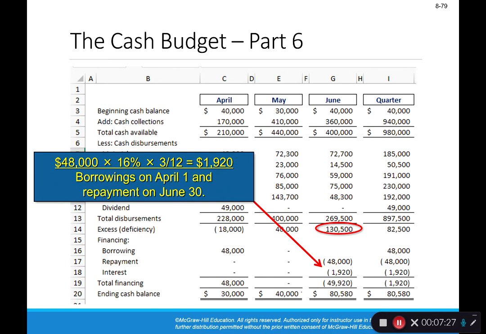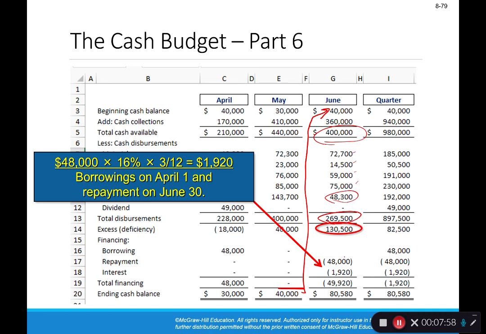Well, the ending May would be the beginning for June, cash balance. Then the cash collections comes from our previous budget to get our total cash available, and then all of these other numbers come from previous budgets. The 48.3 is the amount that we're paying for property and equipment, which was given in the problem, and then the difference between the 400 and the 269,500 would give us the excess that we have.